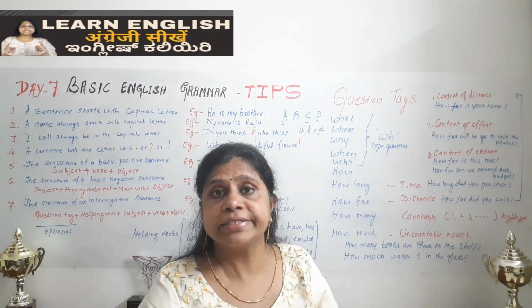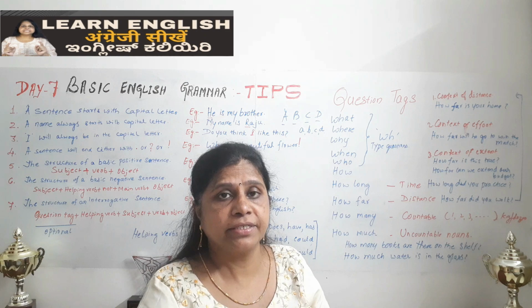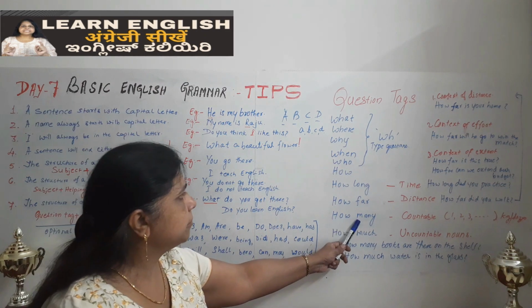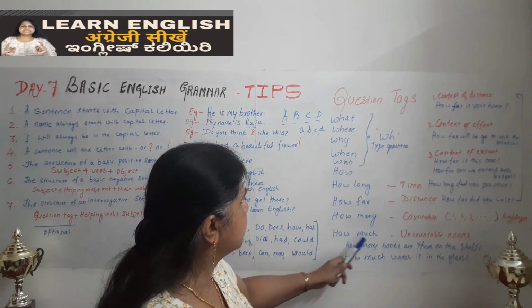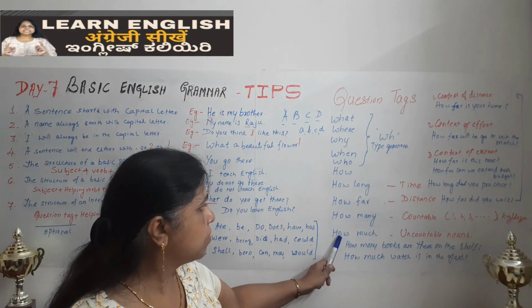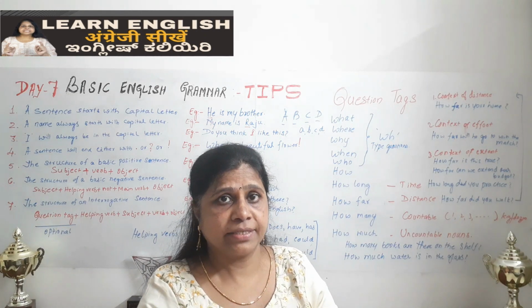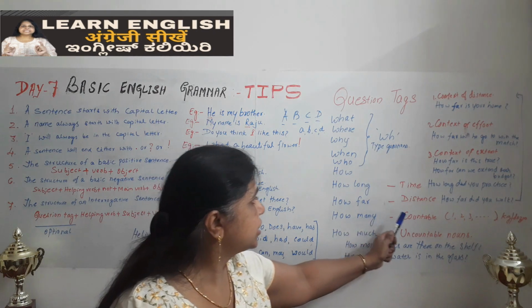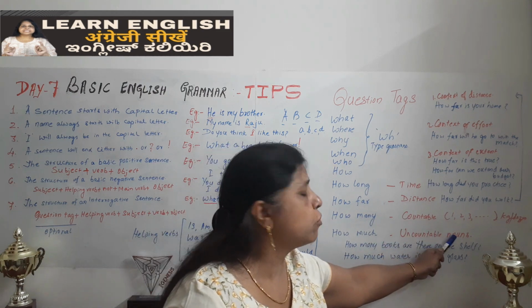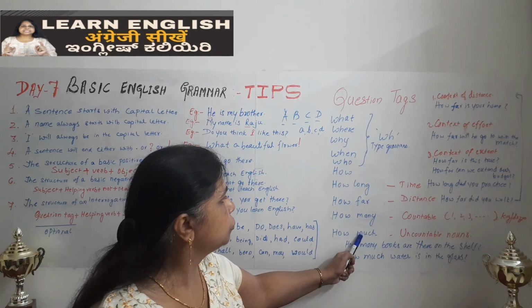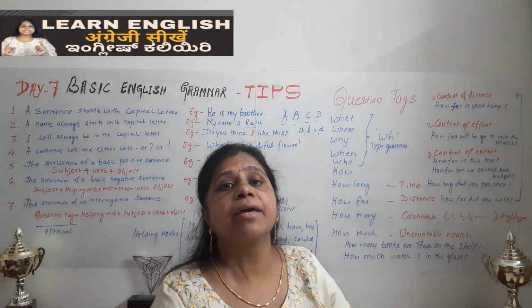So we should understand how to use this phrase. How many and how much. Both look similar, whereas how many is used for countable nouns, which we can count, and how much is used for uncountable nouns.